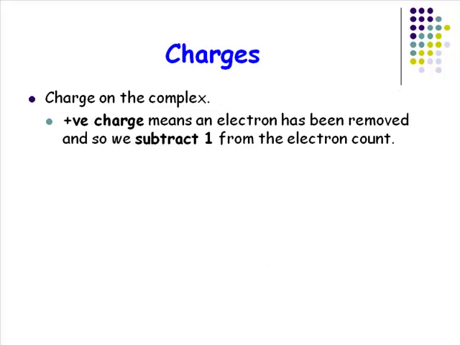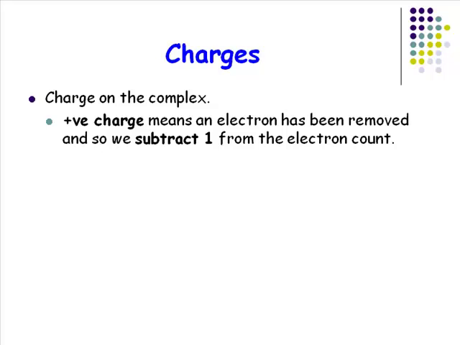Now, we are counting electrons. Therefore, we need to consider the charge on our compound. If our compound is neutral, fine. If our compound is positively charged, what's that saying? If something is positively charged, then what have you done to the number of electrons? You've removed one.